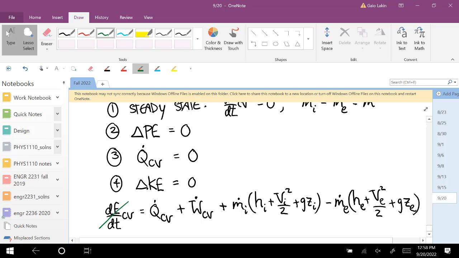Steady state, so we can cancel the energy, and the m dots we'll just call m dot. And we will cancel the potential energy terms and the kinetic energy terms. And then we'll ignore the heat transfer.